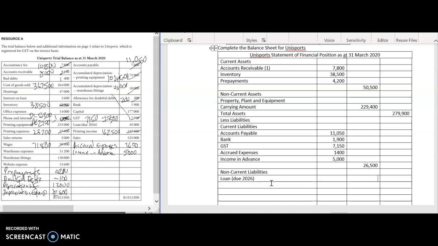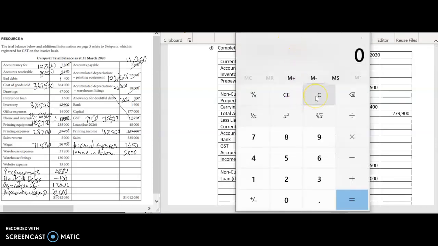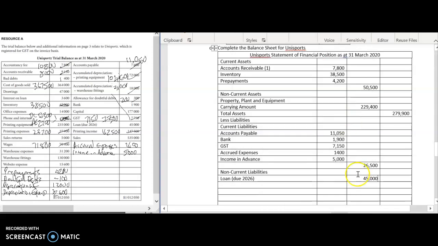And because there's only one, it goes into the last column. So that's our total liabilities.